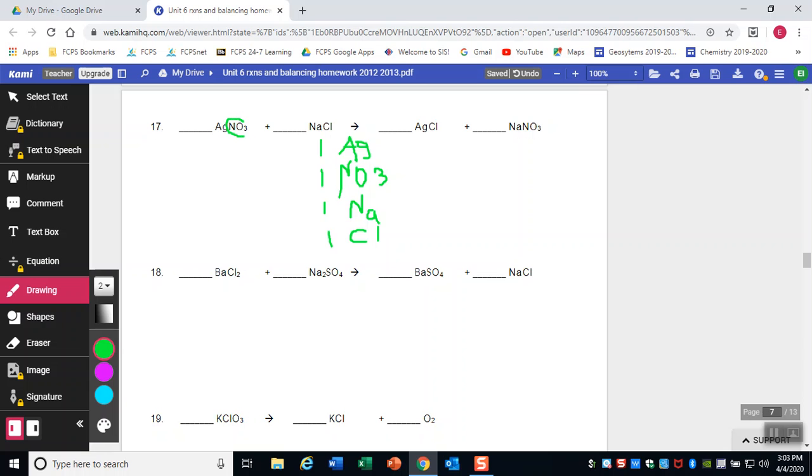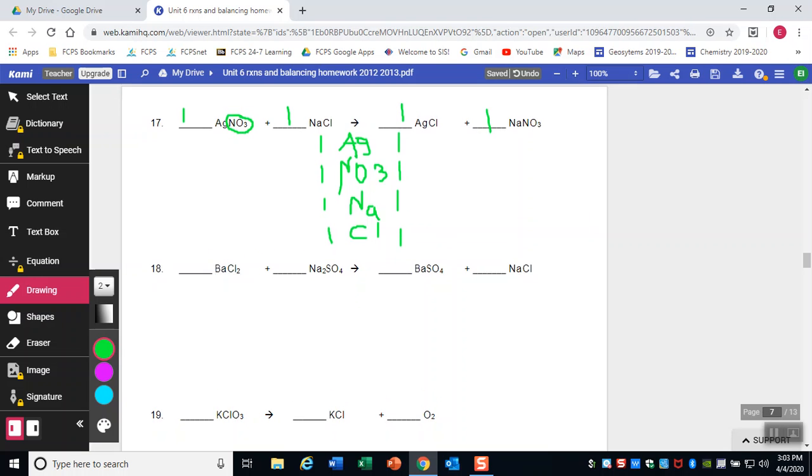Okay, remember all this, that 3 just makes that a nitrate. So, and then I've got 1, 1, 1, 1. That's already balanced, right? So it'd just be 1, 1, 1, 1. Okay, it was already balanced. You don't have to have the coefficient if it's just a 1, just like in algebra.